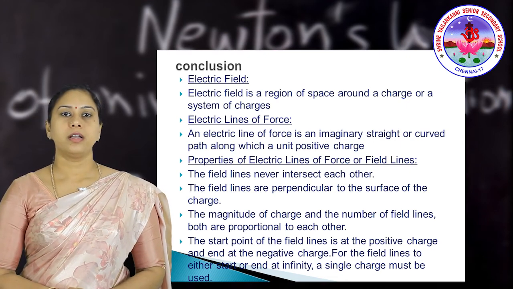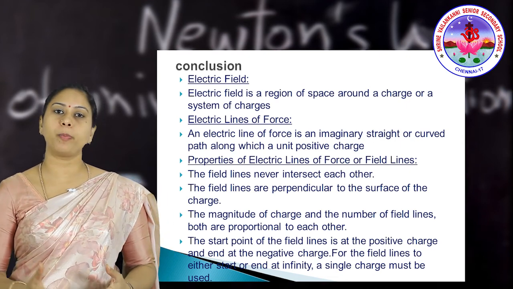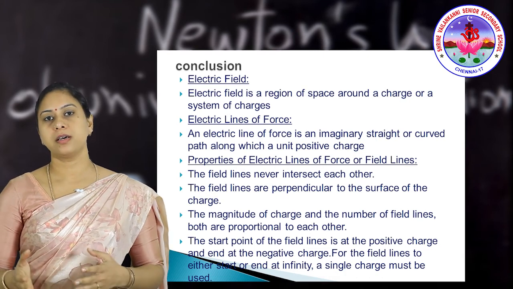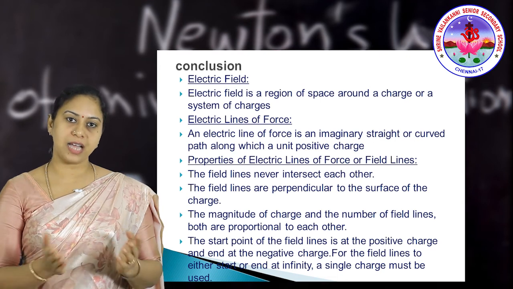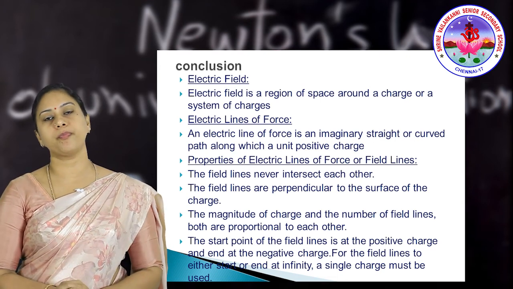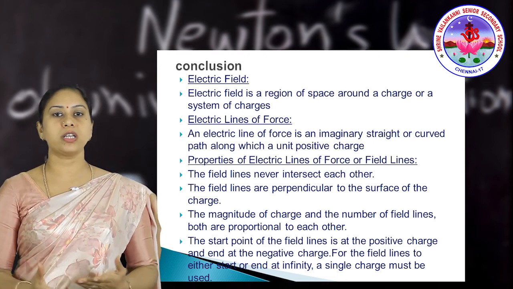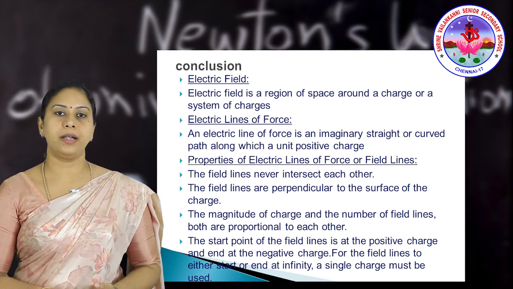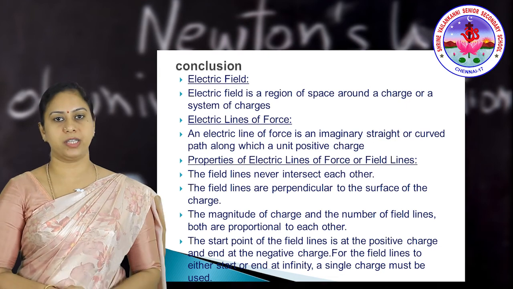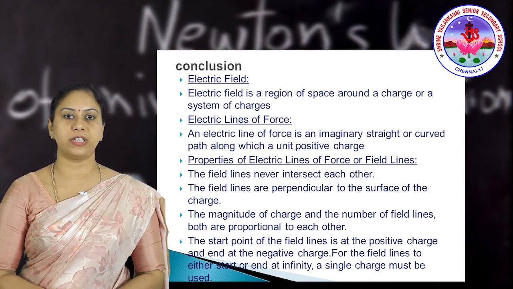Yes. Now, the electric field line properties: they are imaginary lines, they start from positive and end at negative, they are not present in nature, imaginary lines as we said before, and they do not intersect each other because there are no two directions for that.